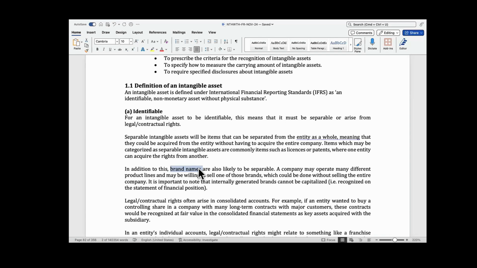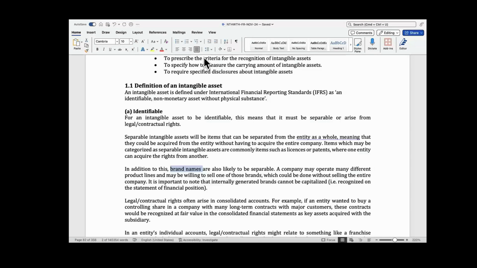So go and open a branch somewhere, then you will pay a certain amount of money. But that brand itself, they can allow any other person to use that name if they wish. Of course, there will be an agreement. So that brand is an intangible asset because it's separable. They can actually sell it or transfer it or rent it to another person. Even equity professionals also is a brand name.